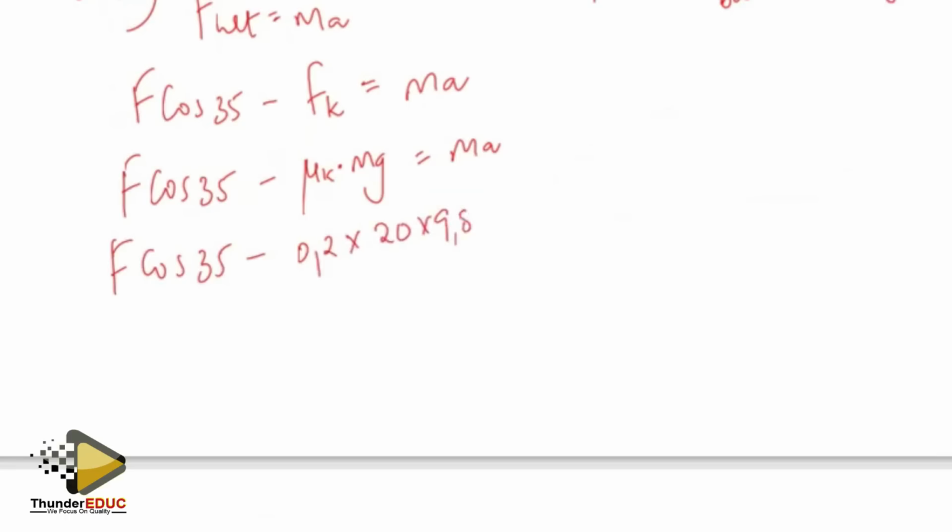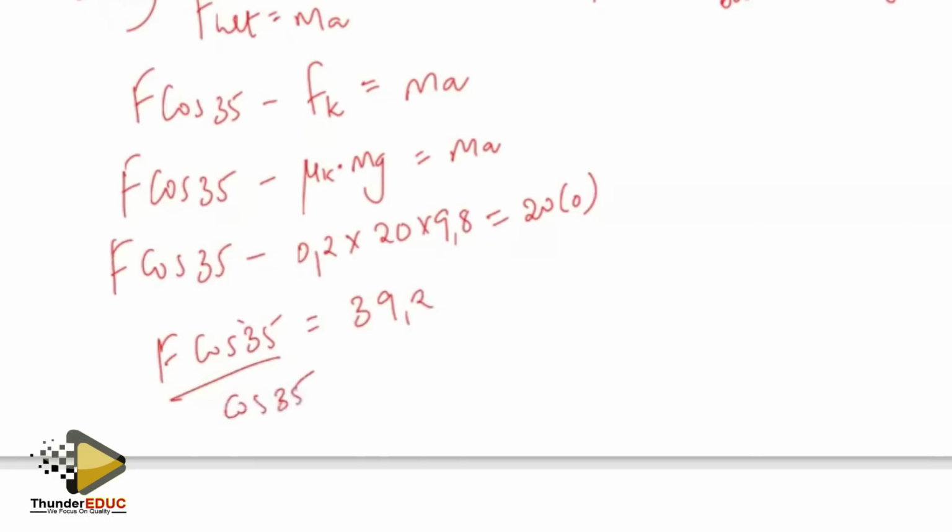The gravitation is 9,8, equal to 20 multiplied by 0. So F cos of 35, I have to move this to that side. If I put 0,2 times 20 times 9,8, that's going to give me 39,2. And then I'll divide both sides by the cos of 35 over the cos of 35.